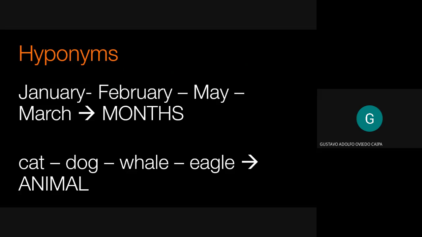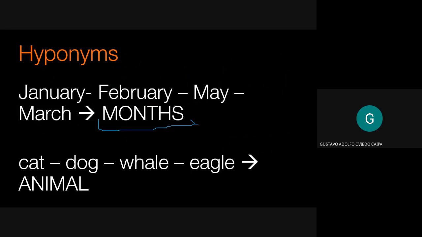In this case, we can analyze months. For example, January, February, May, and March, we can say that these are months. So these words right here include the meaning of this general term, months. Each and every one of these expressions, May, February, January, or March, includes the meaning of month. They have the meaning of the general term.